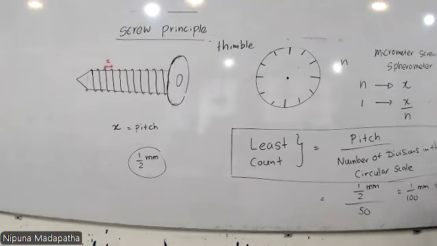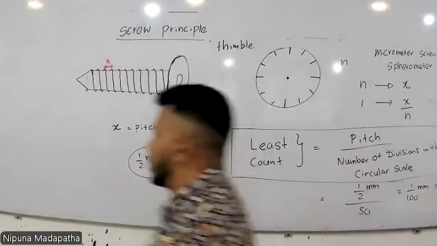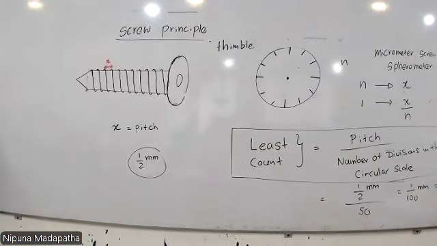So what is the pitch of the screw there? How do you get that? Distance moved divided by number of revolutions. So you can get the pitch from this expression.